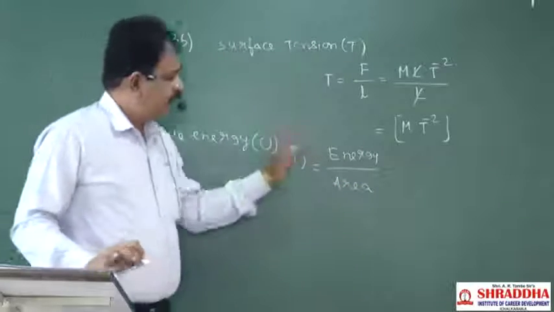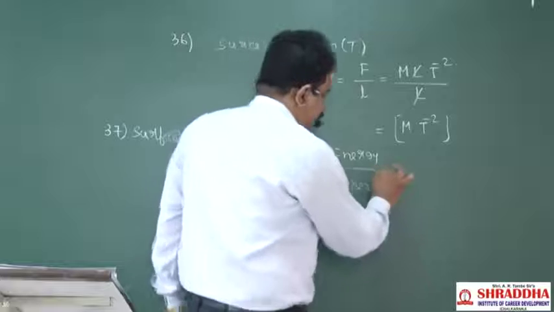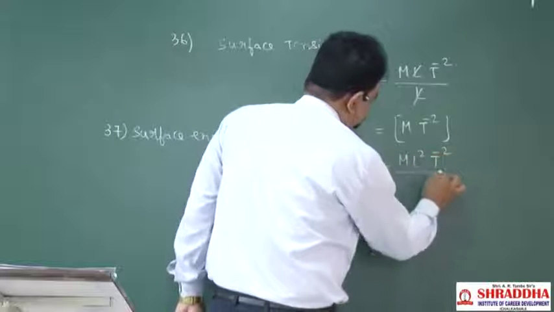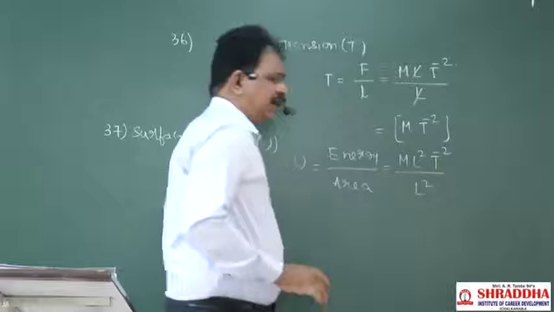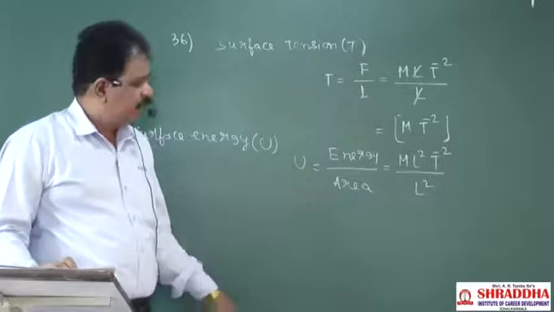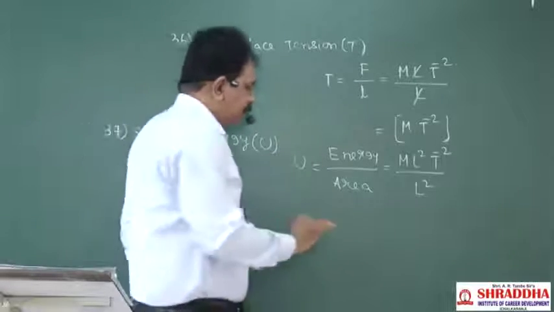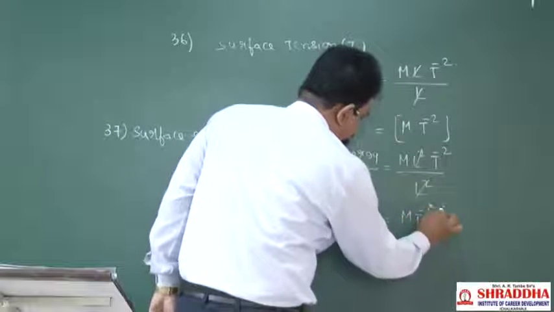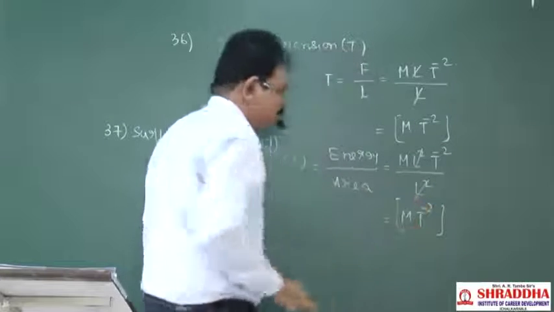Energy dimensional formula you already know: M L square T power minus 2. Area dimensional formula will be L square. L square will cancel, then it will be M T power minus 2.